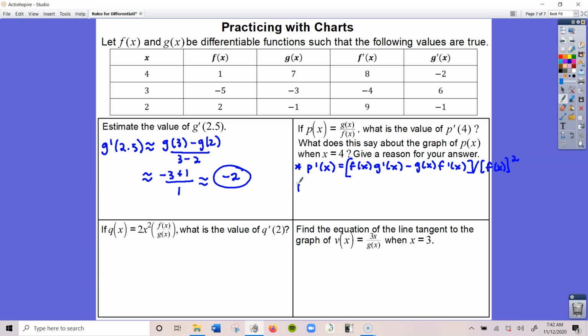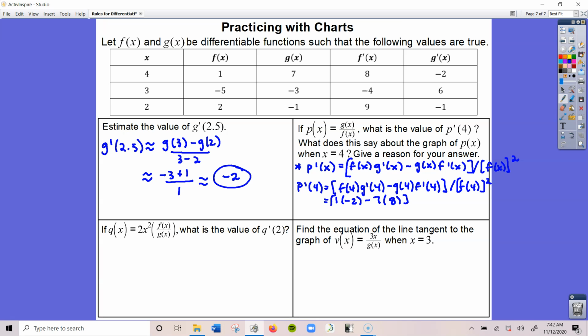Now I'm going to go ahead and plug in 4. So p prime of 4 is going to equal f of 4 times g prime of 4 minus g of 4 times f prime of 4, all over f of 4 squared. Let's use our chart to get these values. f of 4 is 1. g prime of 4 is -2, minus g of 4, which is 7, times f prime of 4, which is 8.